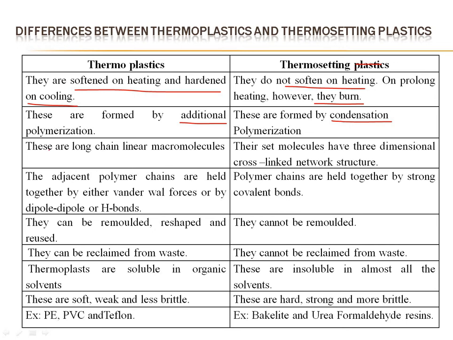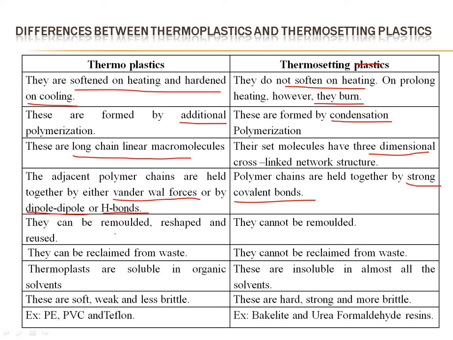Mostly thermoplastics are long chain linear molecules, whereas thermosets may have a three-dimensional cross-linked network structure. In thermoplastics, adjacent polymer chains are held together by weak van der Waals forces of attraction, dipole-dipole bonds or hydrogen bonds, and in thermosets, they are held together with strong covalent bonds. These covalent bonds cannot be broken by heating.